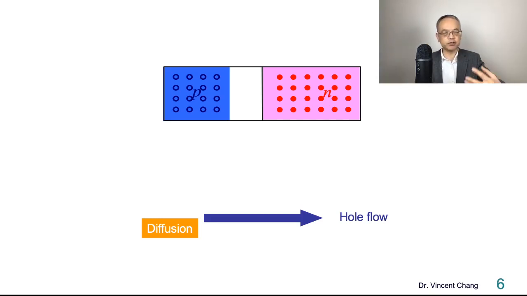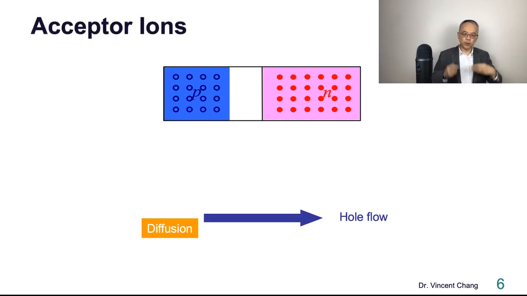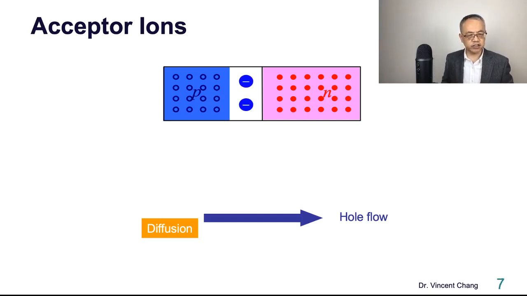The acceptor is the source for hole carriers. So when the hole diffuses and says goodbye to its parent, the acceptor, then the charged ion will be revealed. What ion? The negative acceptor ion.